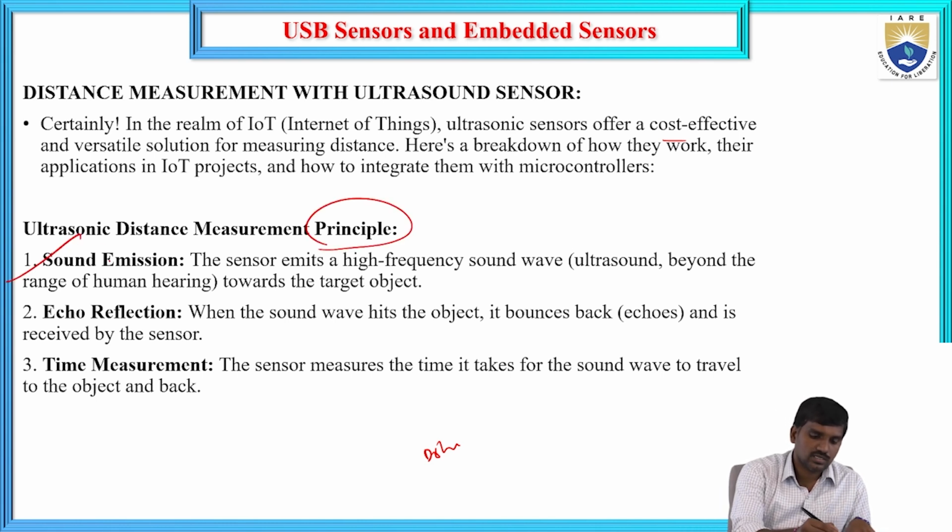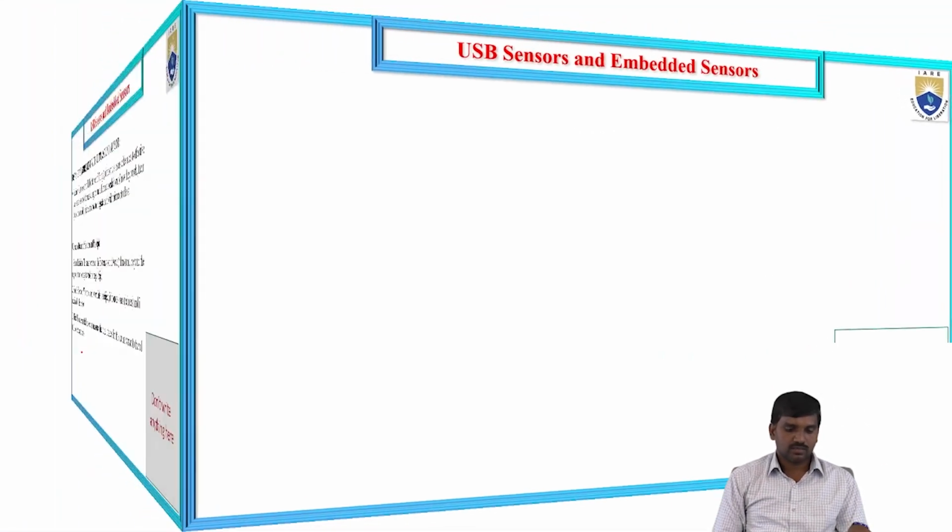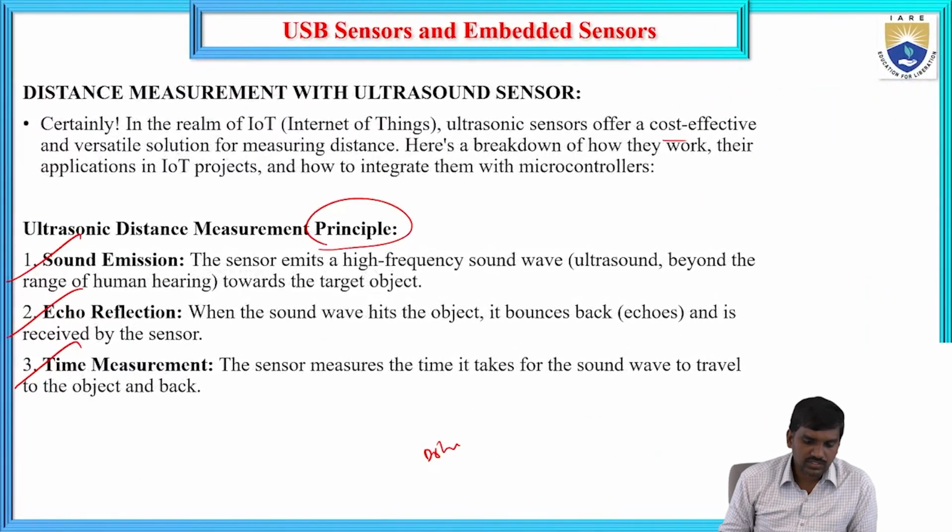Sound emission, echo reflection, time measurement. Sound emission: the sensor emits a high frequency sound wave, ultrasound, beyond the range of human hearing, towards the target object. Second one, echo reflection.